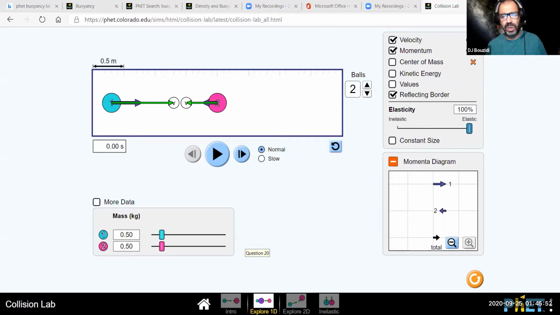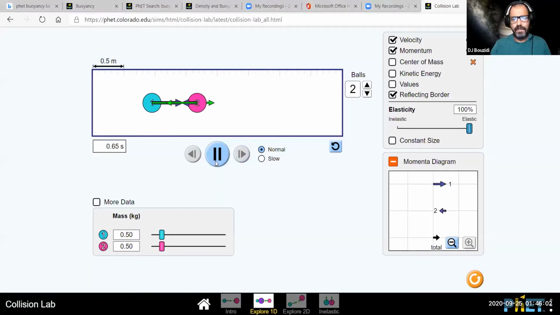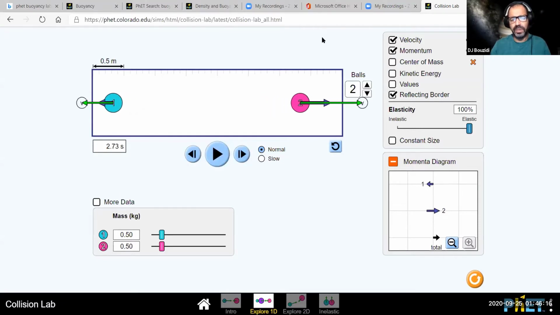They're going to bounce off. So basically, let me reset this thing in here. But the velocities, there is an exchange of velocities in here, okay?